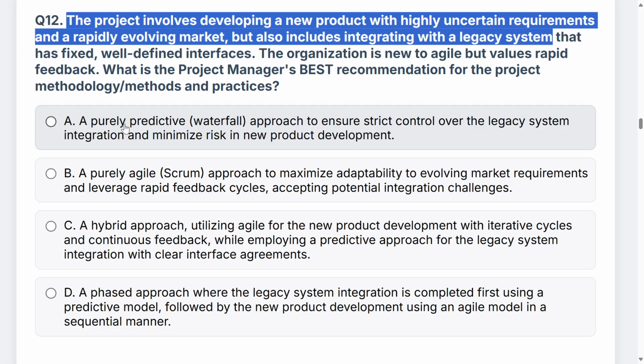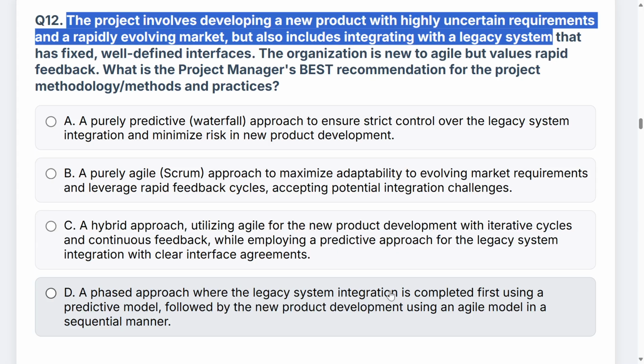Now, in the world of Agile, you should understand that phases generally are not used. D would be one of those options, because it says a phased approach where the legacy system integration is completed first.